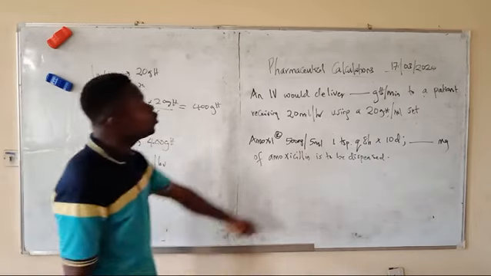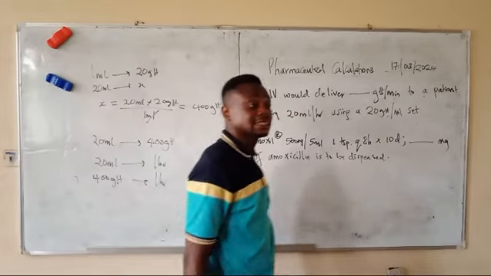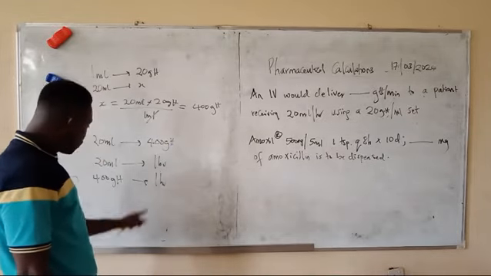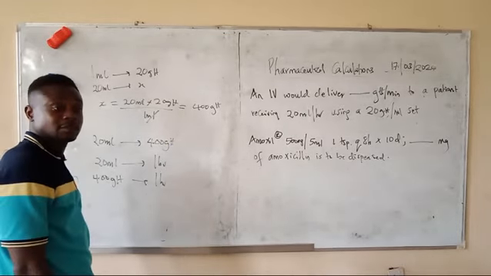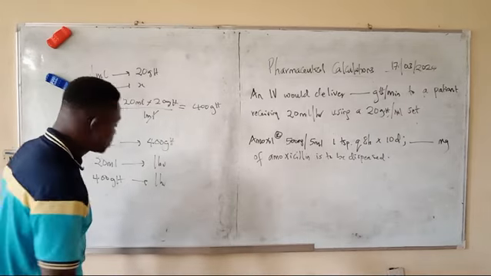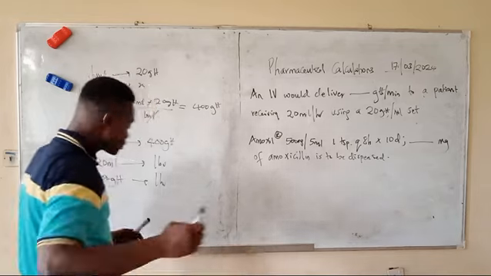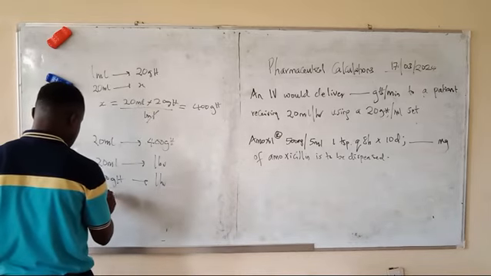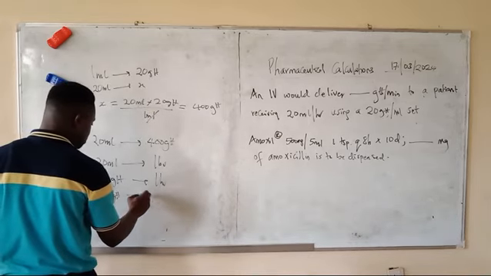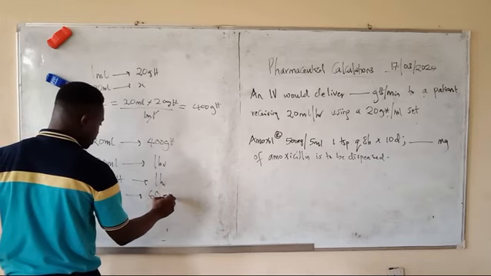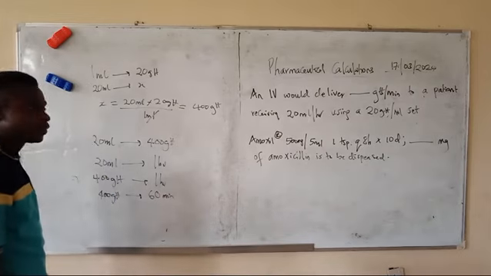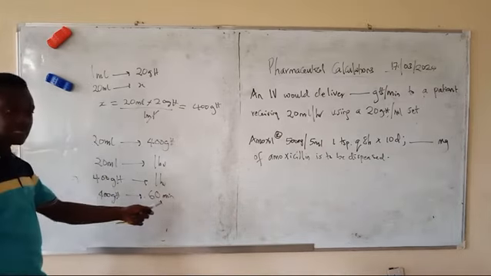But we want drops per minute, so we convert the hour to 60 minutes. So we have 400 drops in 60 minutes.